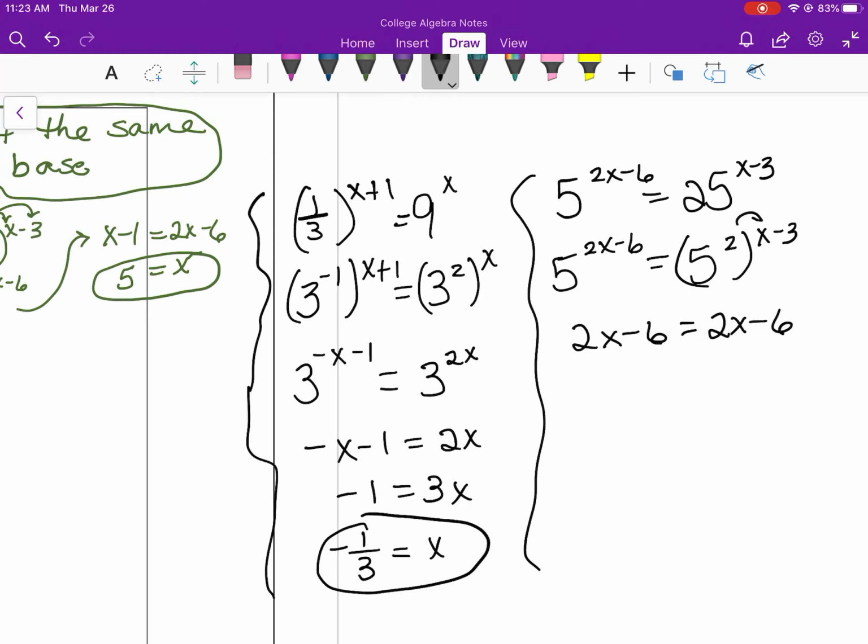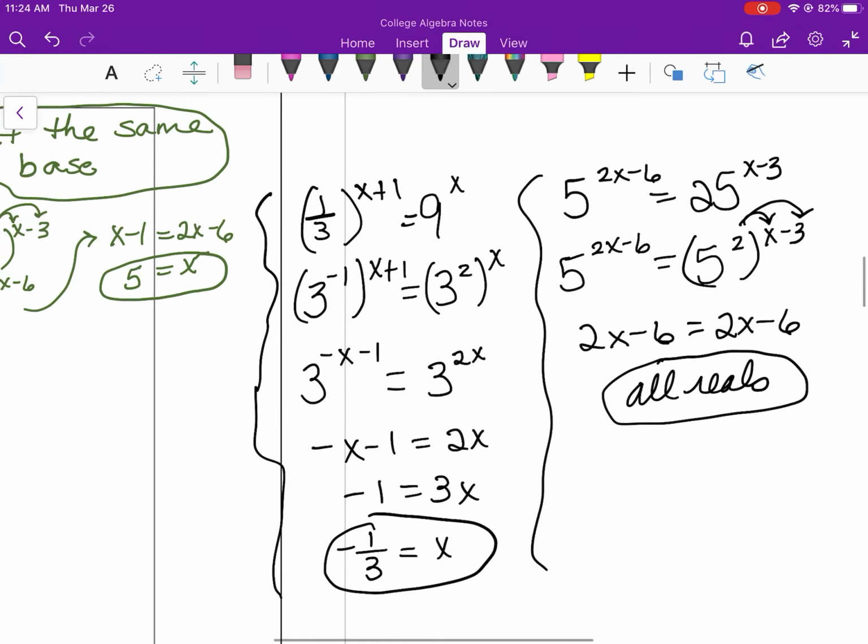Well, that's interesting. On that one, I get the same thing on both sides. So that just means x can be anything. So we're going to say all reals. Now, that doesn't happen very often, but there you go.